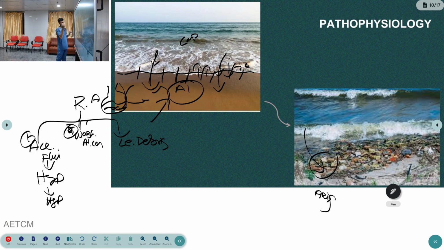That's why God gave surfactant inside the alveoli, by which complete collapse of the alveoli is prevented. So here it will wash out the surfactant, and what will happen? The alveoli will again easily collapse.